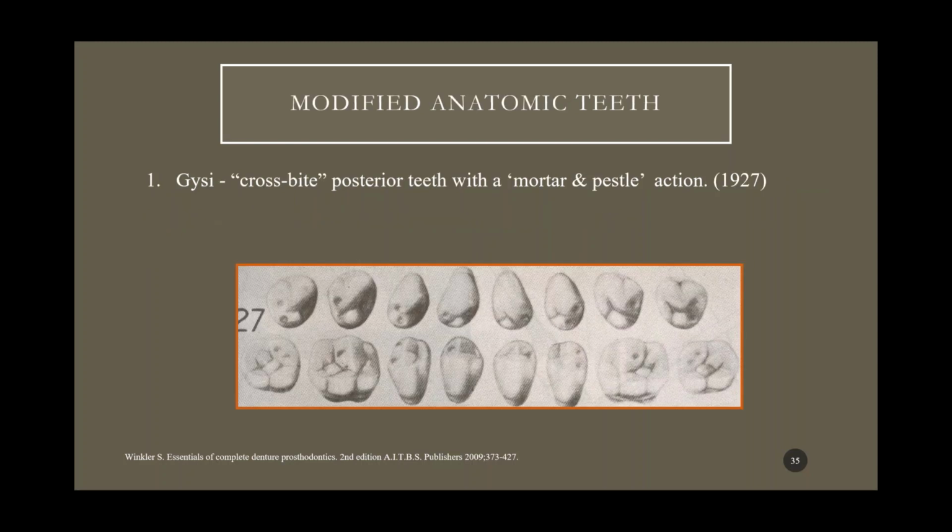Then modified anatomic teeth. In 1927, Gysi designed crossbite teeth. The maxillary buccal cusp was eliminated, and the palatal cusp occluded with the anatomic lower posteriors. The occlusal surfaces of all the posterior teeth were reduced, and these could be used for crossbite cases.